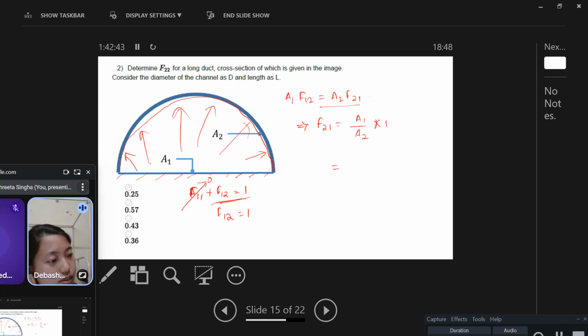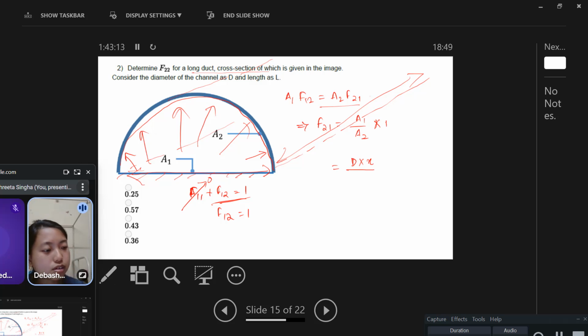Now if we consider this as a long duct cross section, right? It is something like this. So the area of this below surface should be just this dimension into this dimension, diameter into some x, you can say.